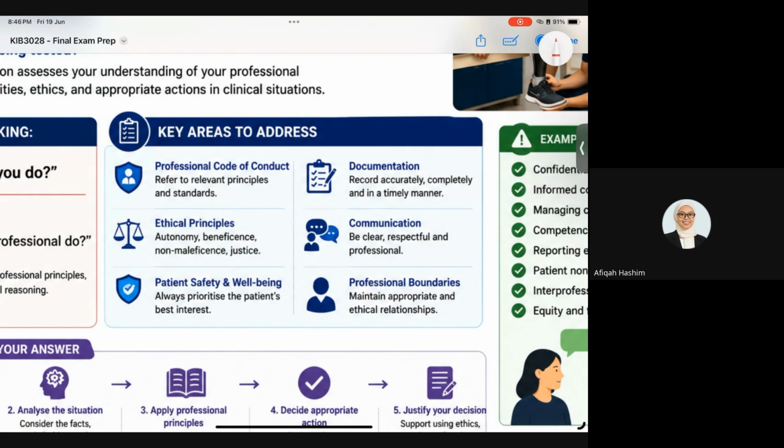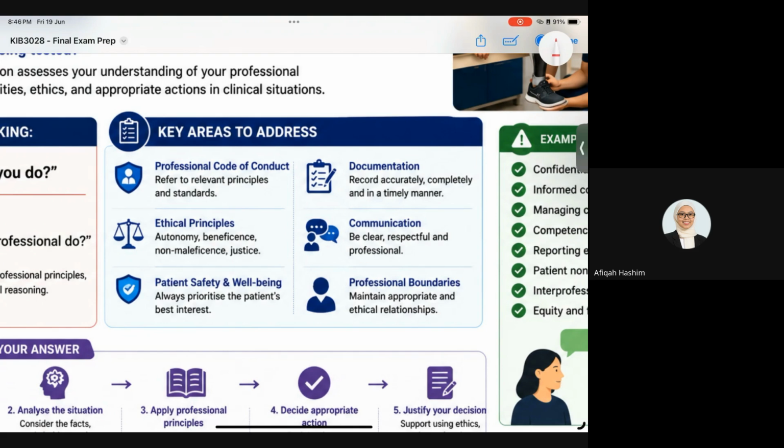Professional boundaries are also important. You need to maintain a respectful and professional relationship with every patient, and do not let personal opinion or emotion influence your clinical judgment. For example, you don't like this patient, a lot of complaints, so you just prescribe an ugly orthosis for the patient. This is also one of the things.